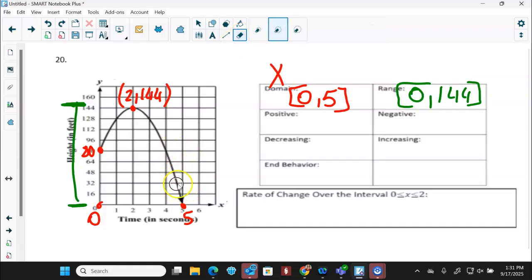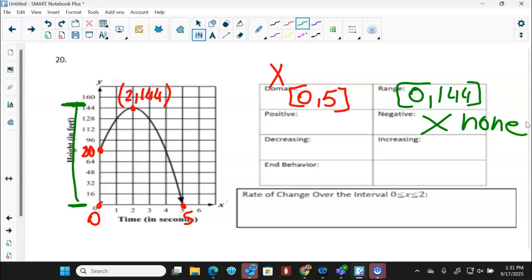And we need to make sure that we include that. Positive and negative, obviously this is a real life event, so we do not have negative numbers, and they are all positive. Now, what are the numbers in between that it's positive? Again, 0 and 5, okay? Because again, it's an X value, and it goes from 0 all the way to 5, okay?